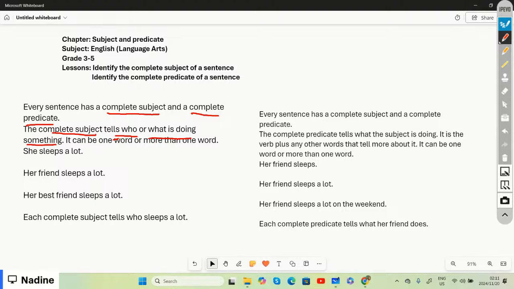If we were to identify the complete subject within that sentence, we need to ask ourselves who is doing something or what is doing something within the sentence.